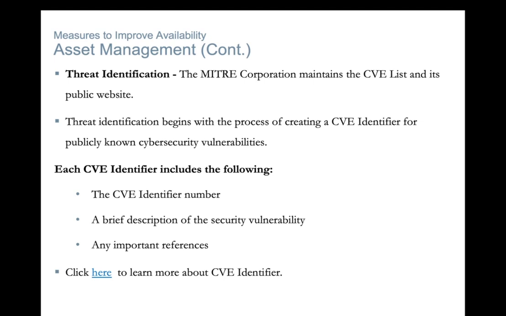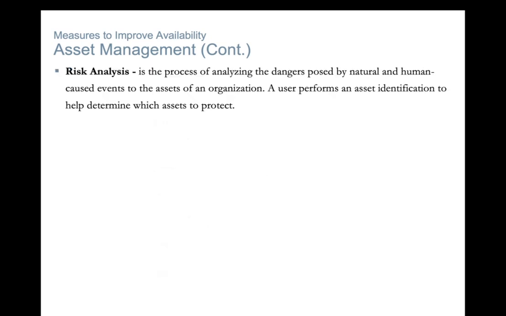The next step, once you identify the threats, is to ask what the risk of this threat is. That is where risk analysis comes into the picture. Risk analysis is the process of analyzing the dangers posed by natural and human-caused events to the assets of an organization.